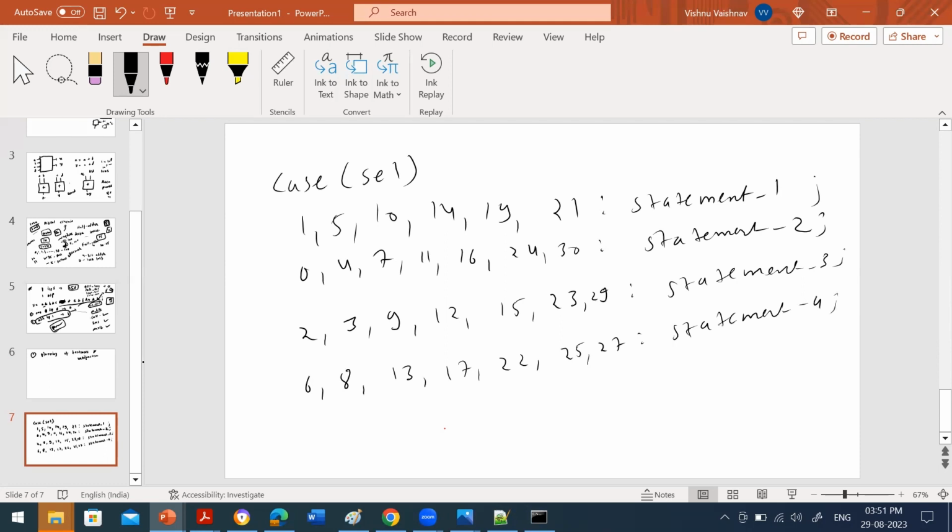On the right side don't focus, it's just statement 1, 2, 3. We don't have to worry about what exactly we are writing here. Let me explain what it exactly is.